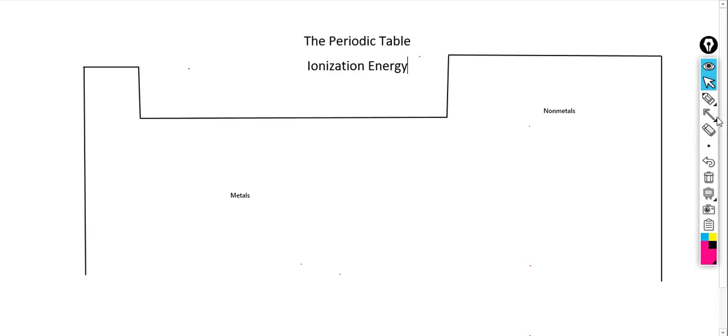And so the general trend for the ionization energy really goes the reverse of the atomic size. It's harder to ionize electrons the smaller the atom is. So the ionization energy then increases going this direction in the periodic table. Larger ionization energies in the upper right.